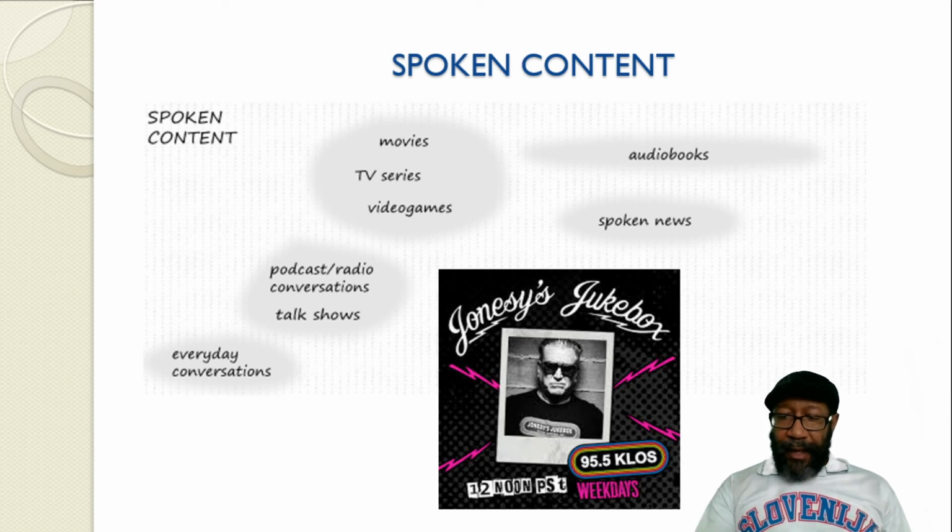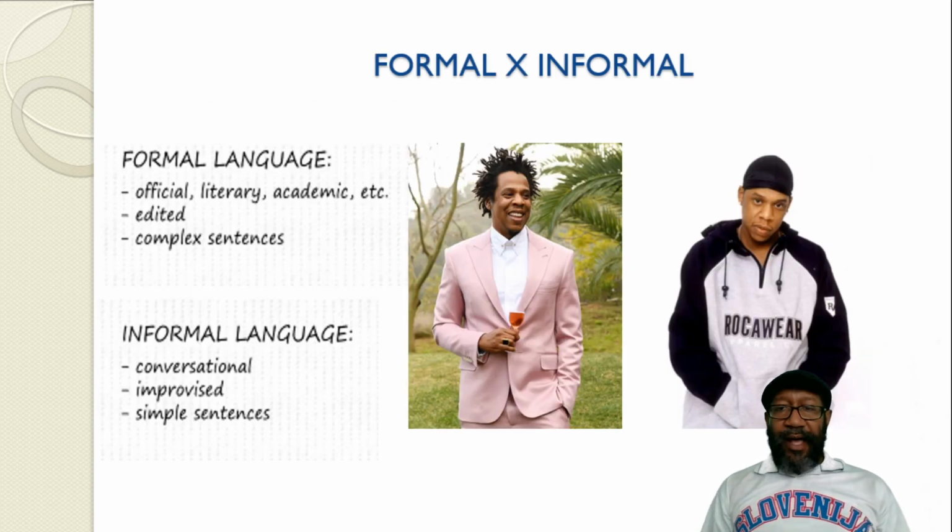And here we have, as I told you in the beginning of the class, the analogy between the dress code and the speaking code, or writing code. For example, here we have a picture of Jay-Z.